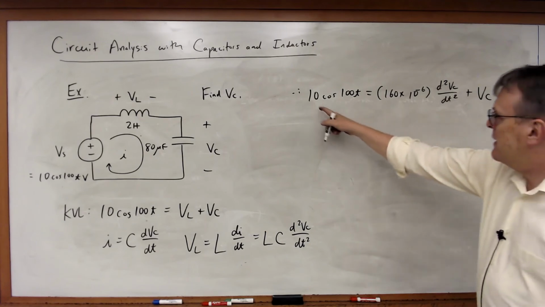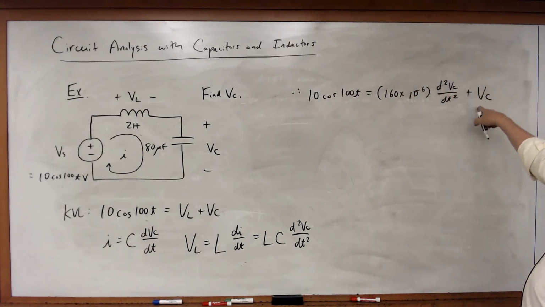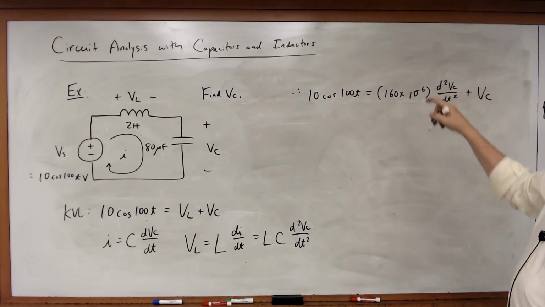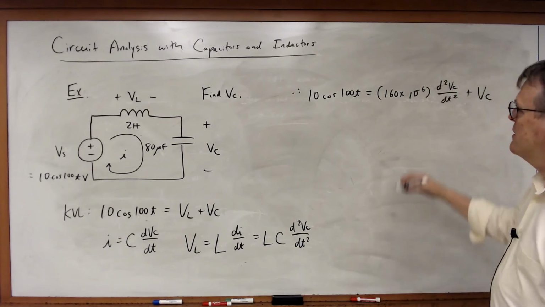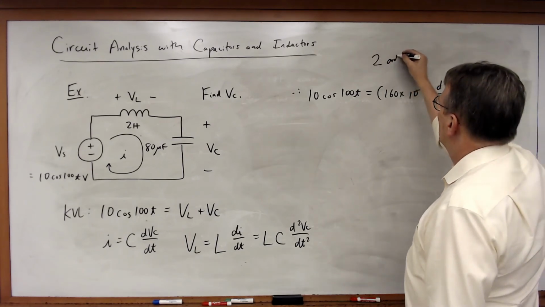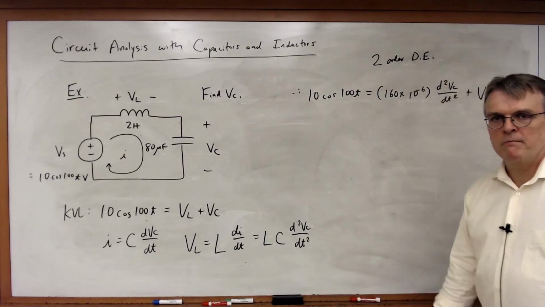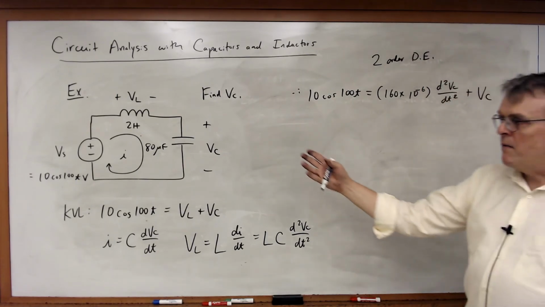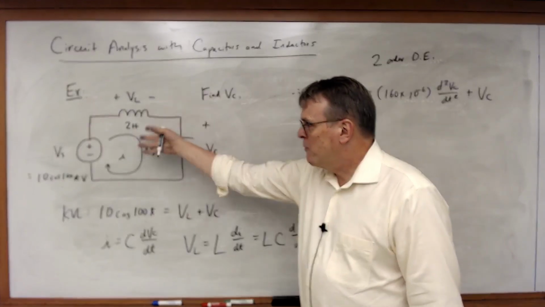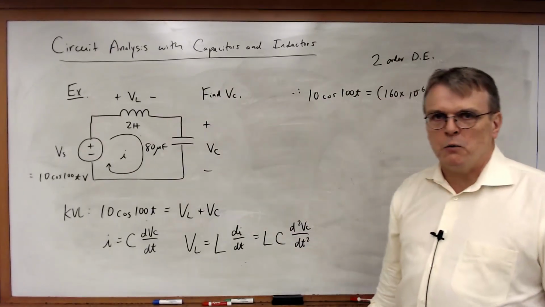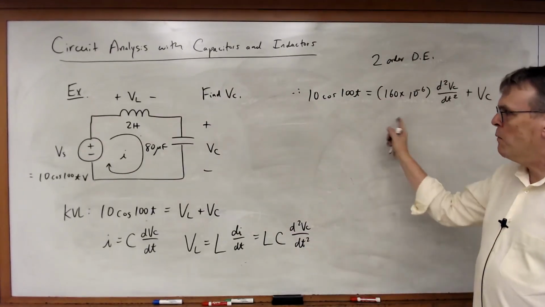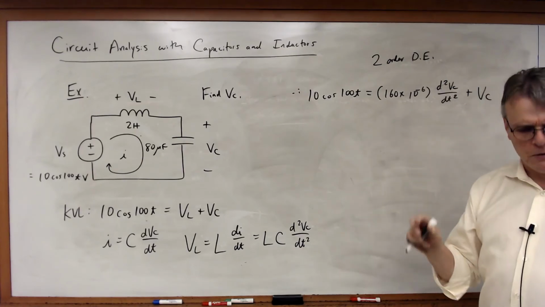So now I've got an equation in terms of Vc with a second derivative term in it. So this is a second order differential equation. So this circuit with 3 elements requires a second order differential equation. Fortunately, this is not particularly difficult to work.